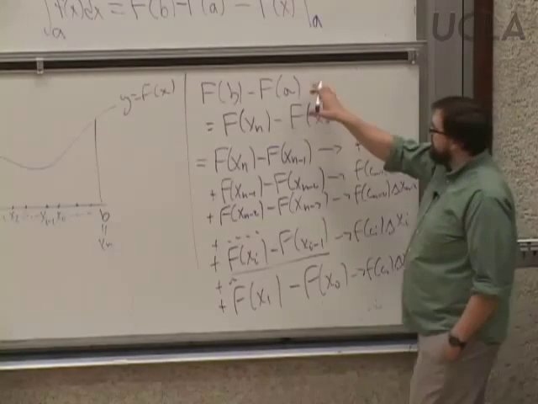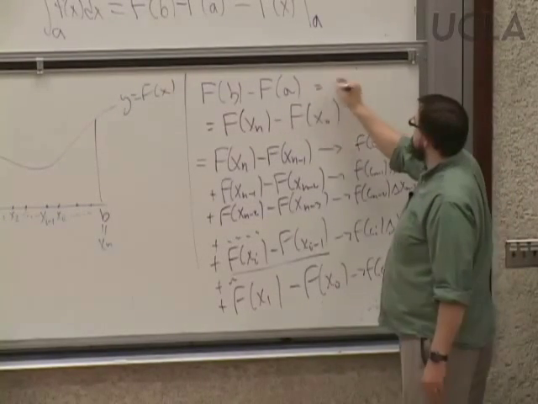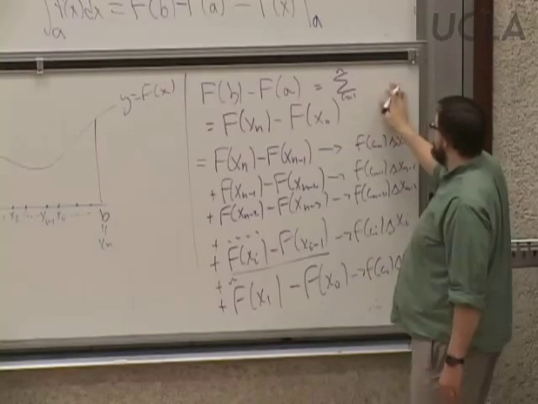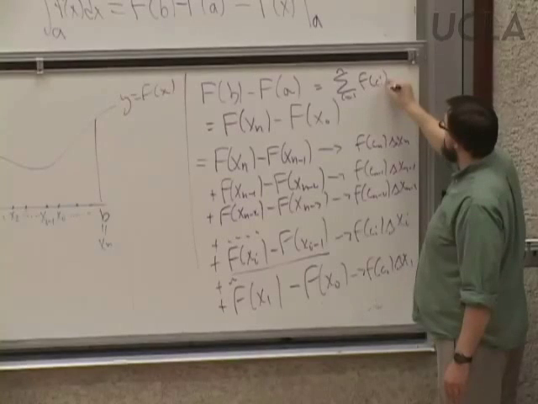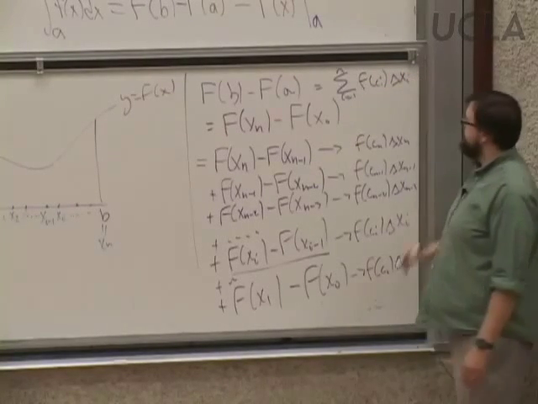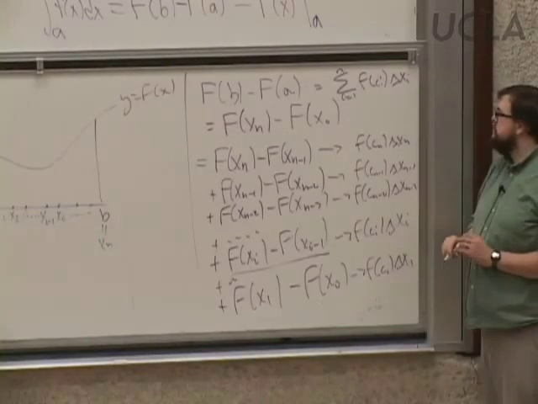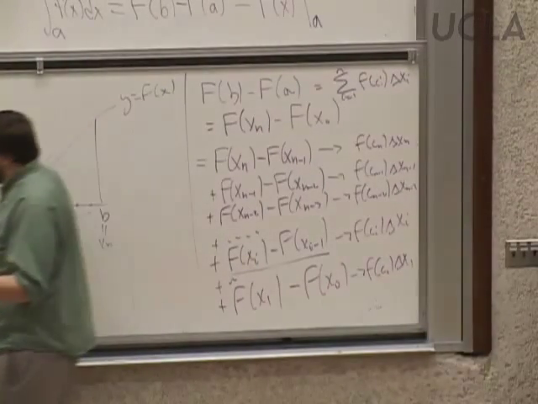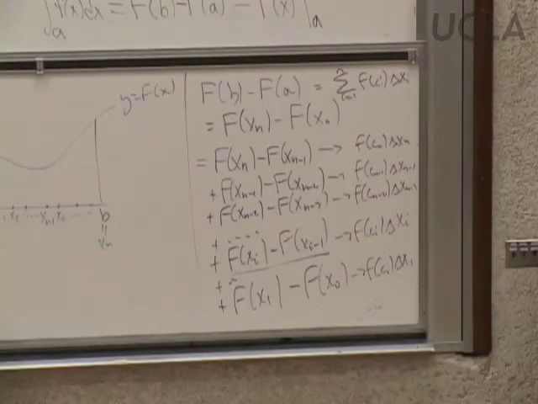So in other words, F of b minus F of a is equal to the sum from i equals 1 to n of f of c_i delta x_i. I don't know where c_i is for any particular interval, but I always know that each c_i is on the ith interval between x_{i-1} and x_i.